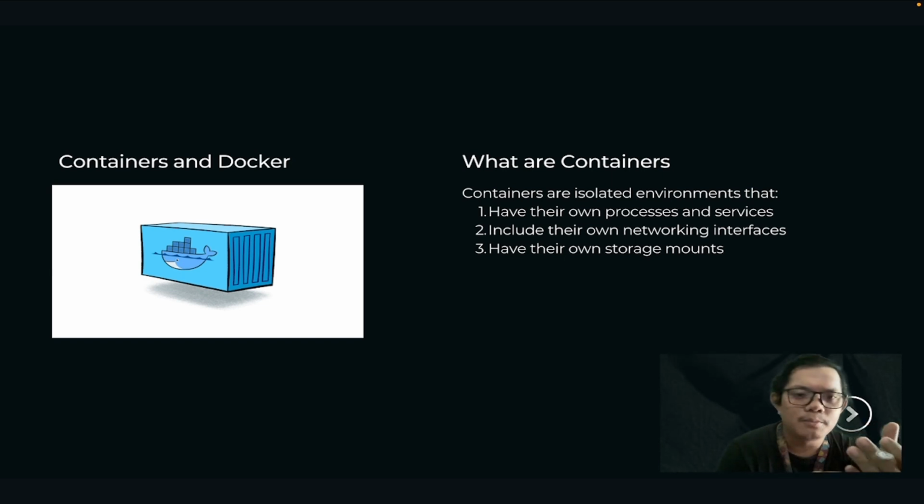This image can then be run on any system with Docker installed, ensuring consistency across development, testing, and production environments. So, in short, Docker has simplified and streamlined the development and deployment process, allowing teams to focus on building and shipping great applications.